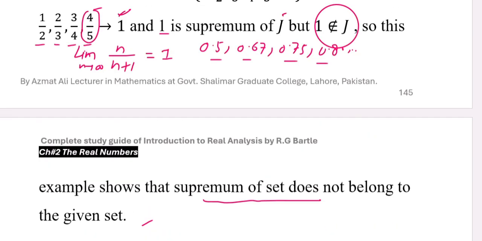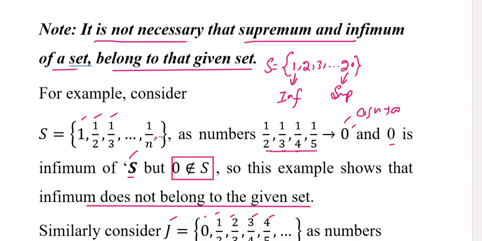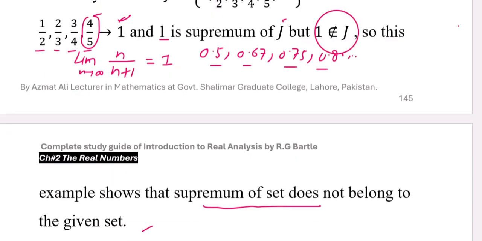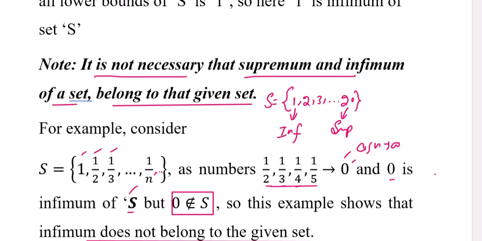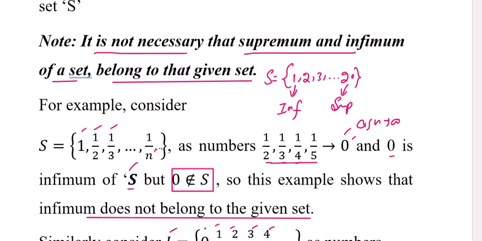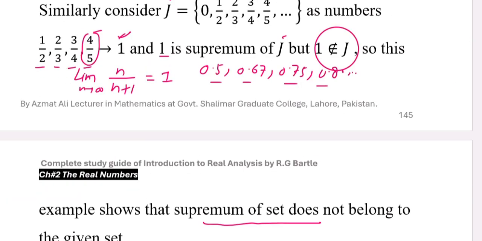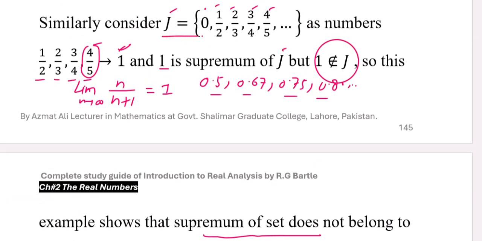Similarly, in this example, you can notice that although 1 does not belong to this set J, 1 is an upper bound of this set, and this set is clearly a subset of real numbers. Now, J is a subset of real numbers and J is bounded above, because 1 is an upper bound.